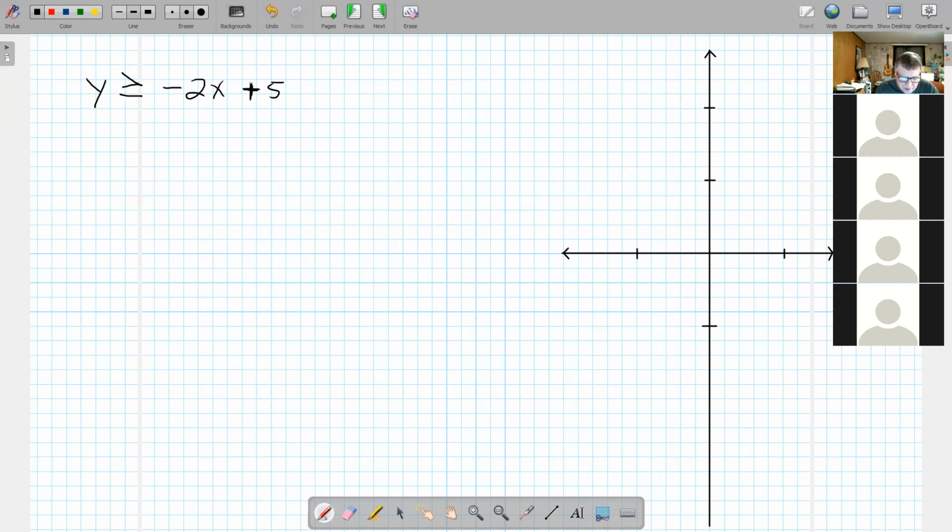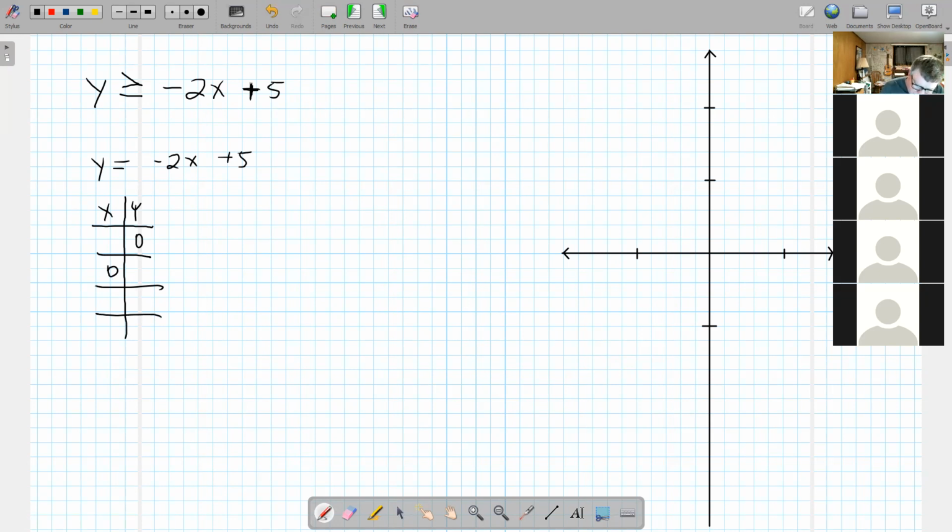So I want to consider the equation y equals negative 2x plus 5. Now, again, I can find ordered pairs. So let's see here. I'm going to stick with my intercepts and then some third point, just because I like to do that.